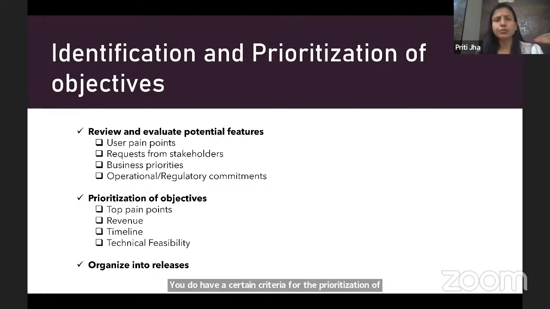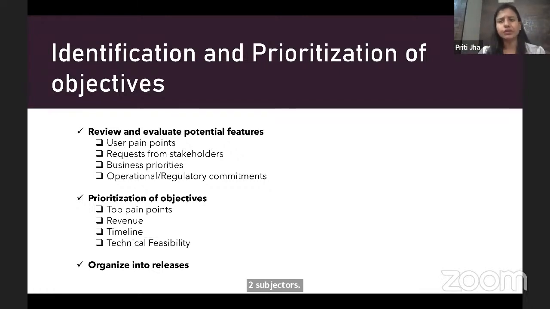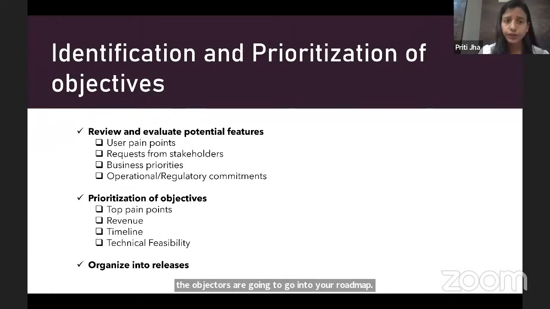Some of these might come or go, depending on the kind of organization it is, but broadly, the ways in which you prioritize the objectives that are going to go into your roadmap, or the objectives that you're going to go after to solve for your users, is firstly, what are the top pain points for my users?